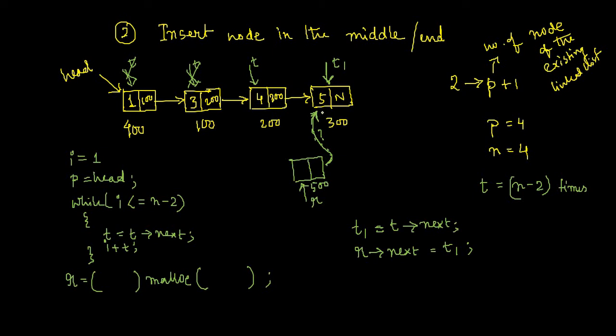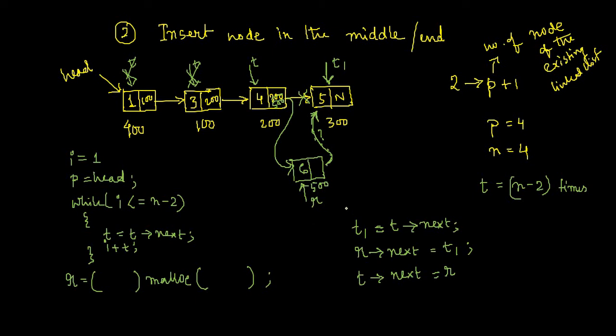That means this connection was established. And suppose there is some data, say 6. But this one is left. So now you can easily write T next equal to R. So this connection will be terminated, and this will get updated to 500. So now this is pointing to this node.